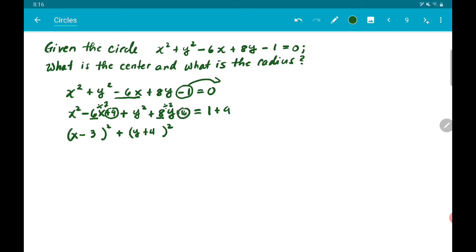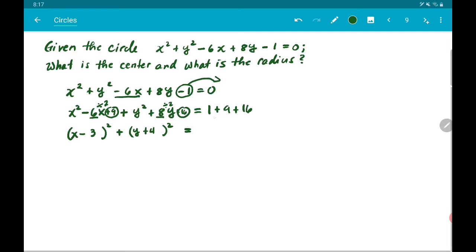We added 16 there, so we're going to be adding 16 here as well. Now remember this process because your Algebra 2 teacher is going to love you. Let's simplify: 1 plus 9 is 10, plus 16 is 26.